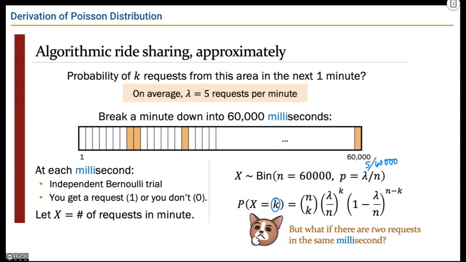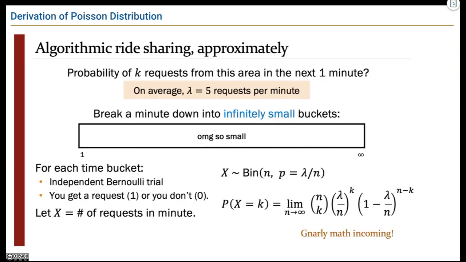And then you could play this game again. You could say, wait a minute though, what if there are 2 requests in the same millisecond? And I think you might see where I'm going with this. Basically we can say, all right, we have the math to handle this. Let's break down a minute into infinitely small buckets. I'm then still modeling the number of requests in a minute as a binomial, but I'm going to take a slight variation on this because I'm letting n go to infinity, right?